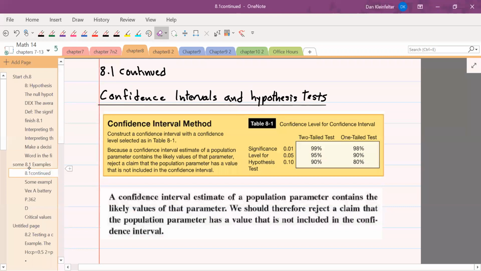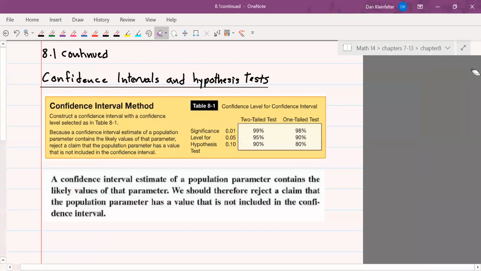The first thing I wanted to mention though is how you can do confidence intervals with hypothesis tests. A confidence interval estimate from chapter 7 of a population parameter contains the likely values of that parameter. Therefore, it makes sense that we should reject the claim that the population parameter has a value that isn't included in the confidence interval.